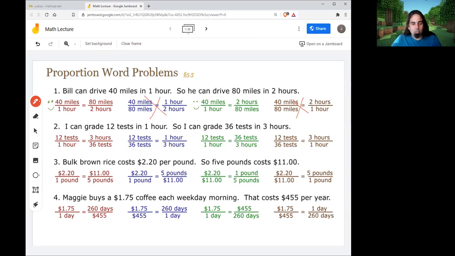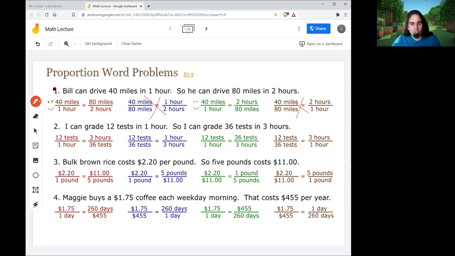And we'll see if it really is or not. It just looks right. If it's 40 miles in an hour, that's 40 miles over 1 hour. And then 2 hours would be 80 miles over 2 hours.